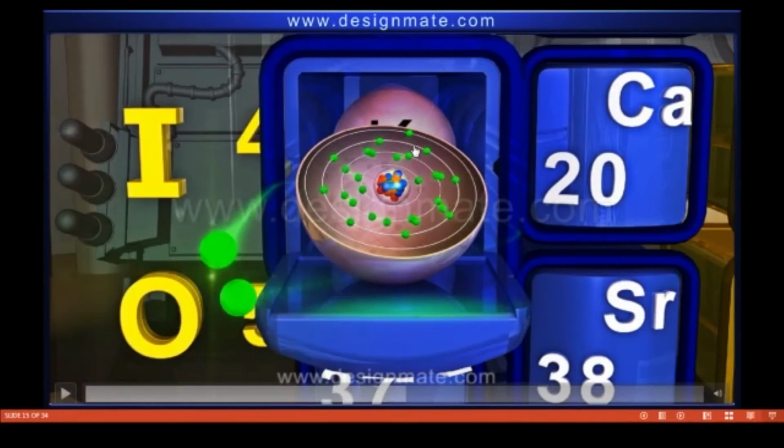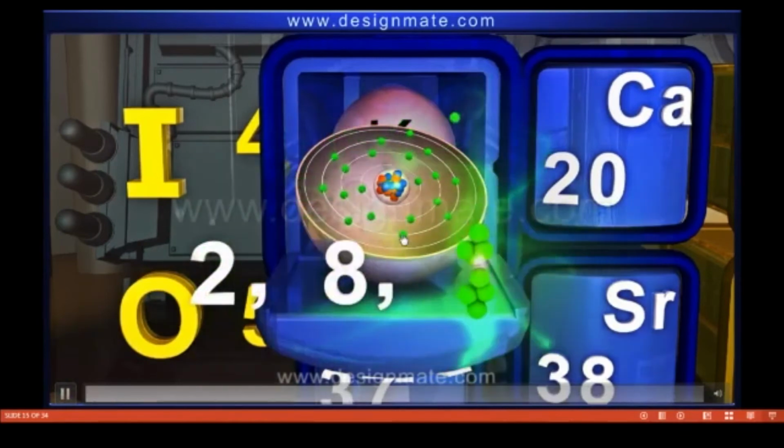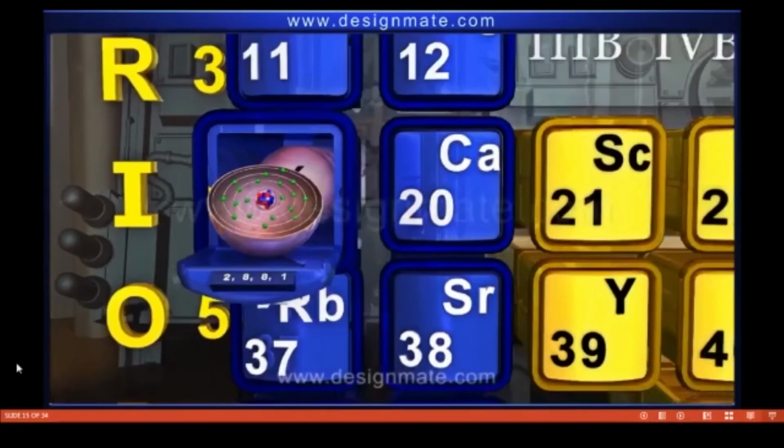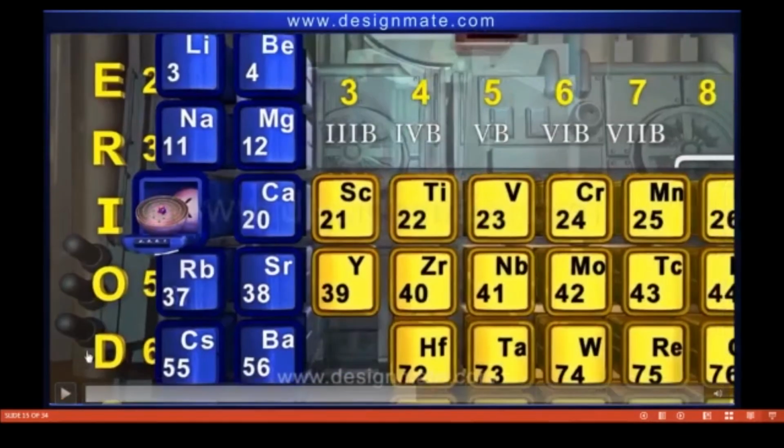After that, one is filled in the valence shell. Valence shell means outermost shell. So the electronic configuration of potassium is 2, 8, 8, 1.